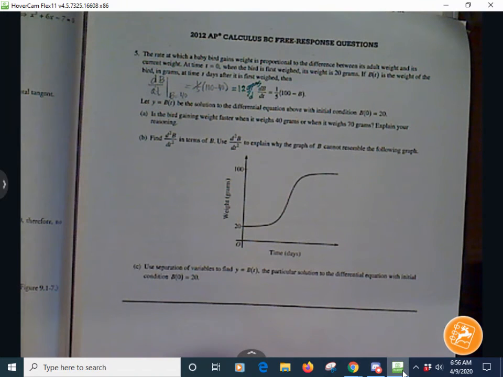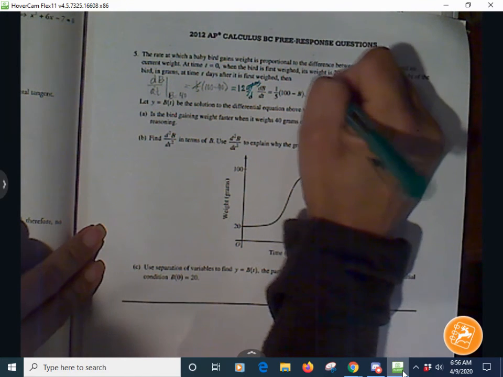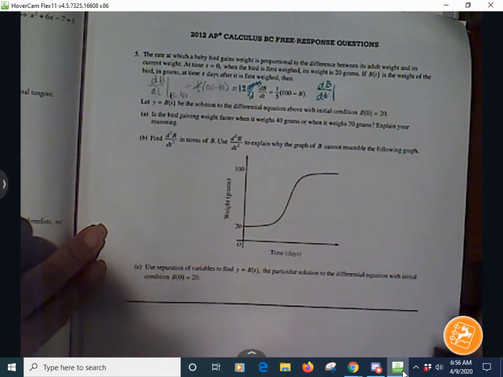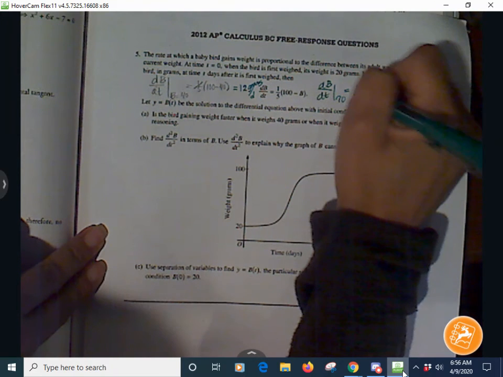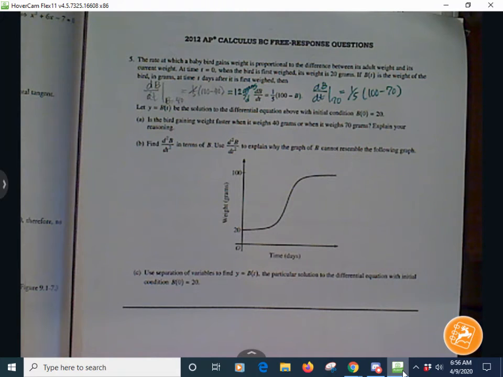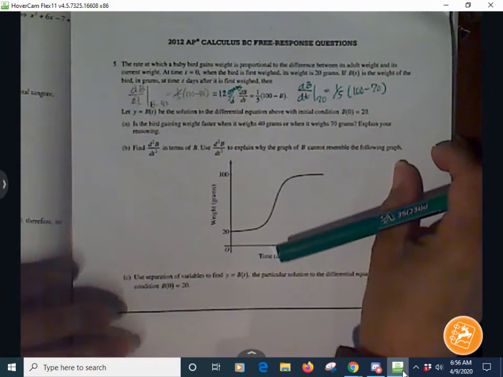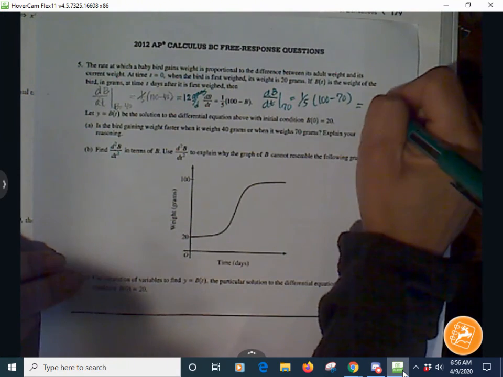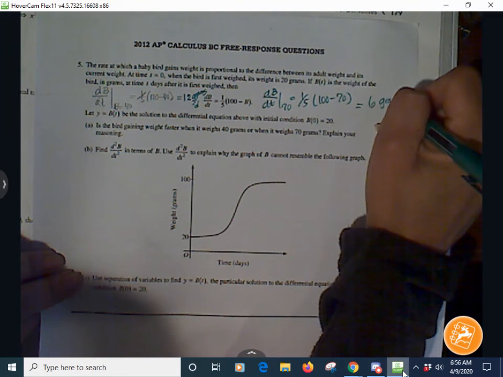That would be the rate of change. And so then I would have dB/dt at 70 is equal to 1/5 times (100 minus 70). So that's 1/5 of 30. That's 1/5 of 30, so that's going to be 6 grams per day.